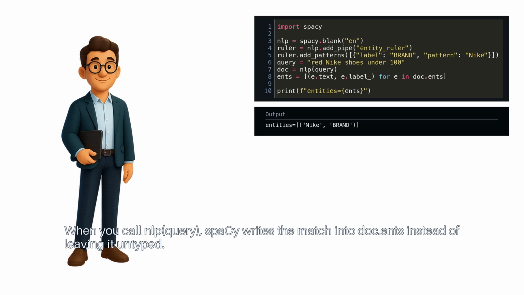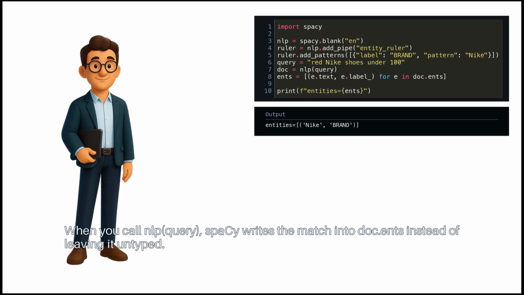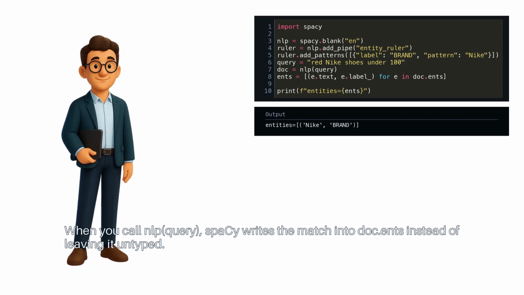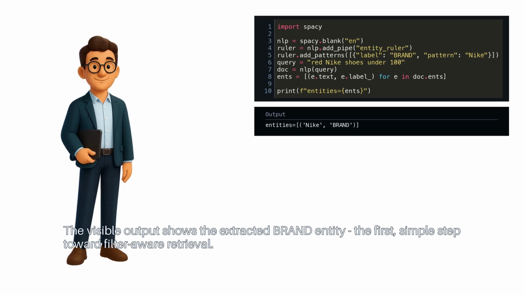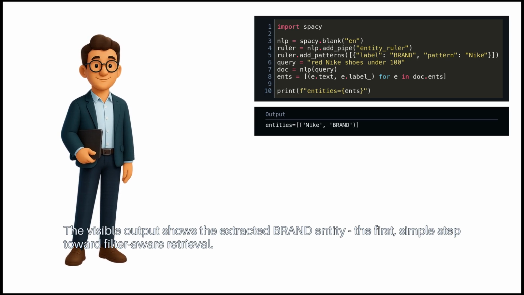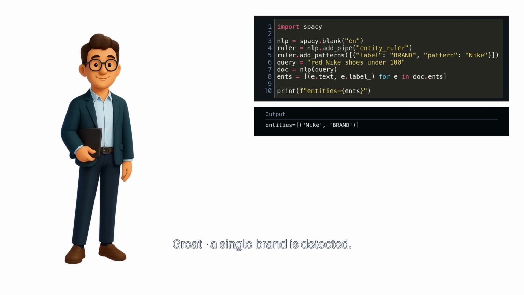When you call nlp(query), spaCy writes the match into doc.ents instead of leaving it untyped. The visible output shows the extracted brand entity, the first simple step toward filter-aware retrieval. Great! A single brand is detected.